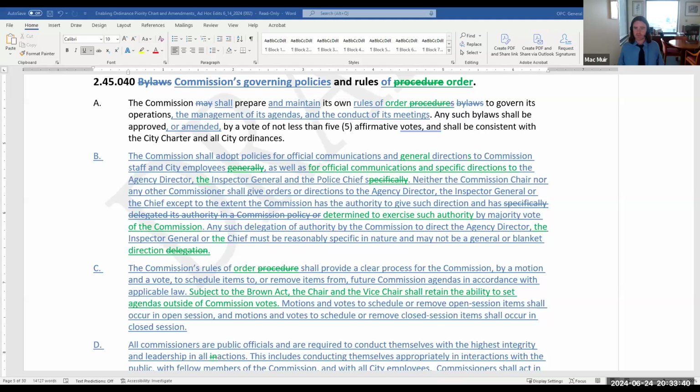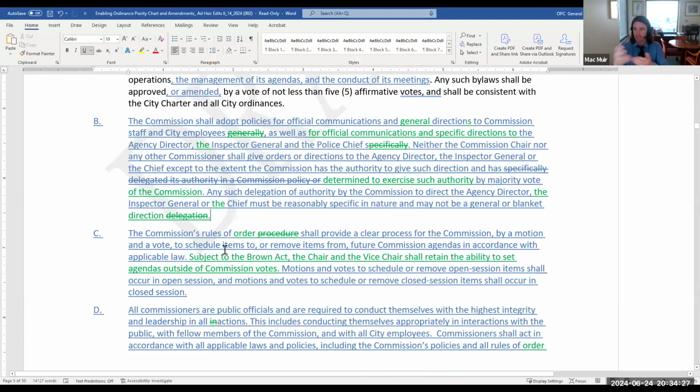That sounds like a case by case conversation to have with the commission or with the chair or with that commissioner. And that's why we got the statement. I talked to the chair, and we didn't get that information. So I think whatever it is here in terms of adopting policies for official communication and general directions, that's how we're going to have to answer it. Right. And in that instance, I can't speak to that full dynamic, but I think there's also a challenge if the chair is not passing on information that, let's say the director at the time provided to the chair.